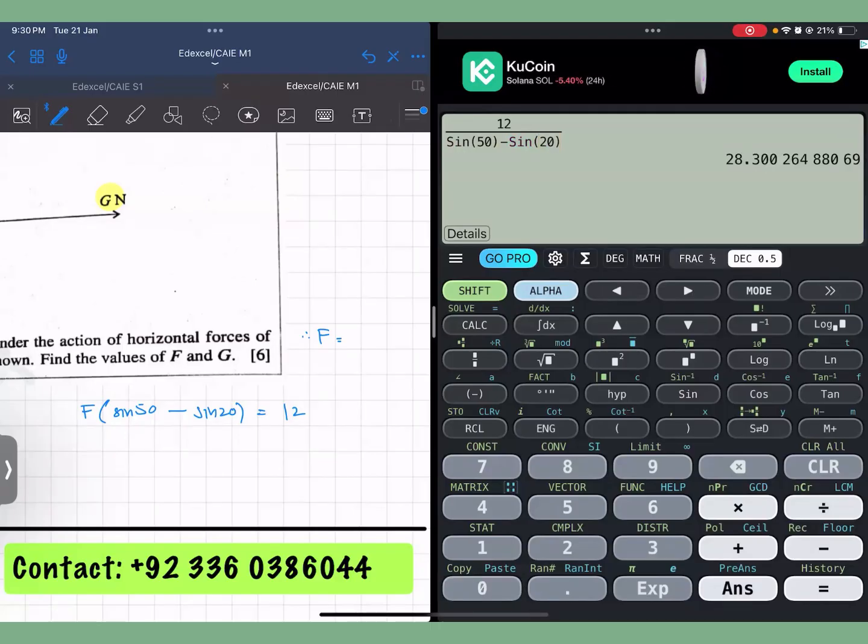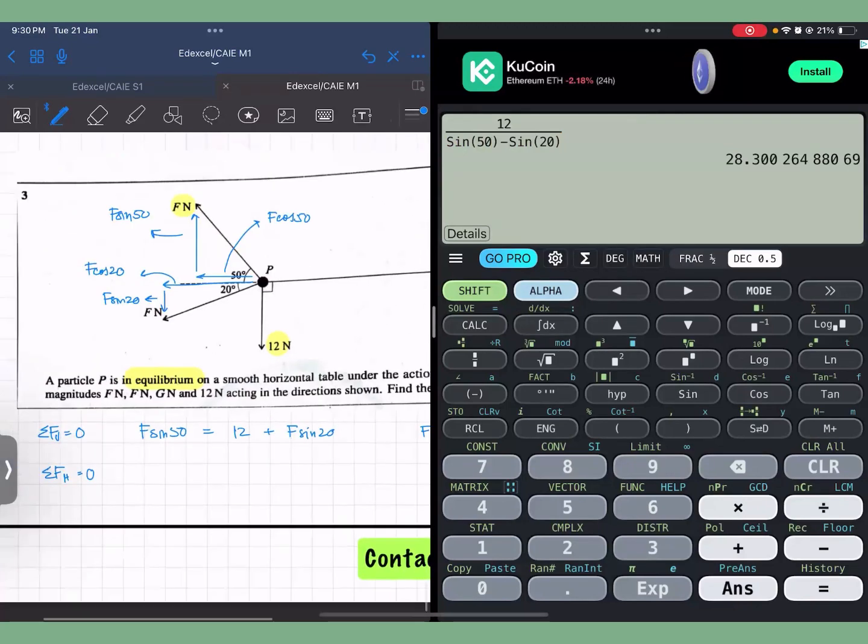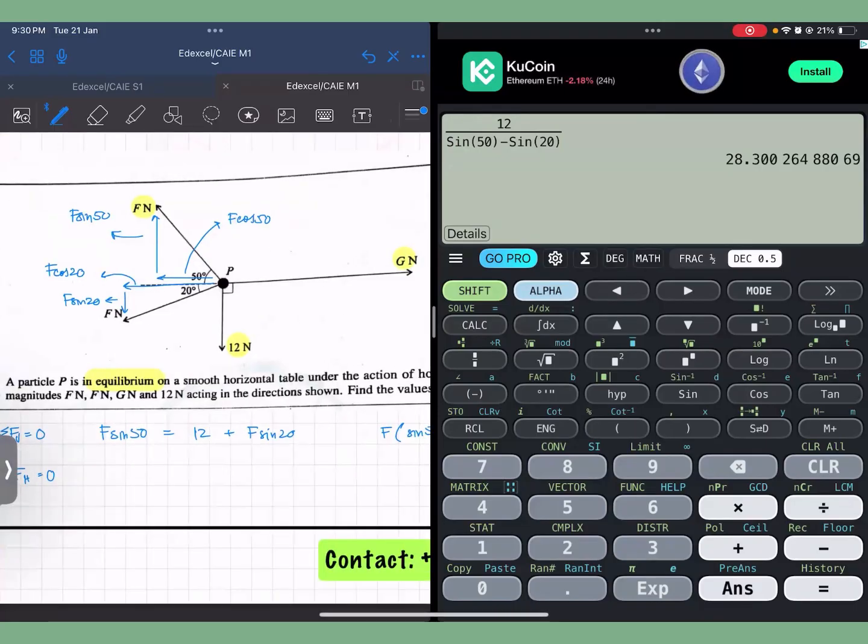So you're getting 28.3 Newton. This is simple. You got your F. Now for the horizontal forces, you will form another equation. To the right side, you just have one force, which is F, and to the left side, you have two forces, F cos 20 as well as F cos 50.